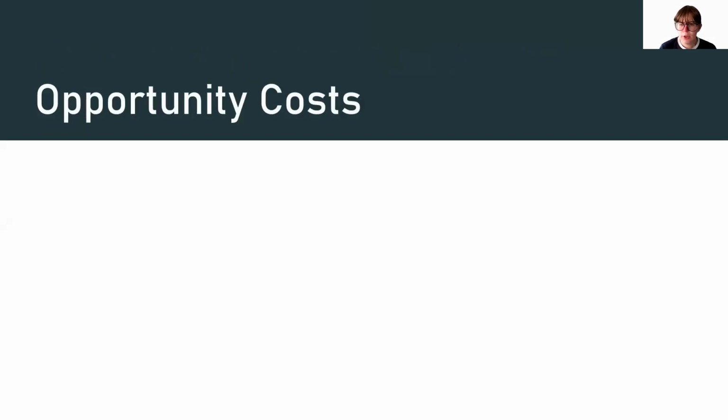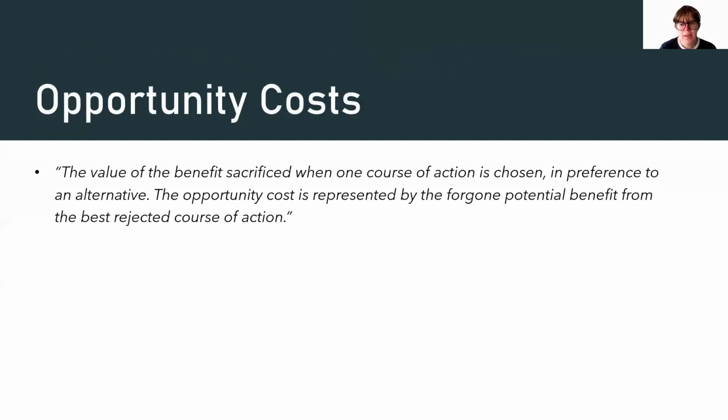What are opportunity costs? Well, these are the value of the benefit sacrificed when one course of action is taken. This is in preference to an alternative. The opportunity cost will be represented by the foregone potential benefit in the best course of action being rejected.